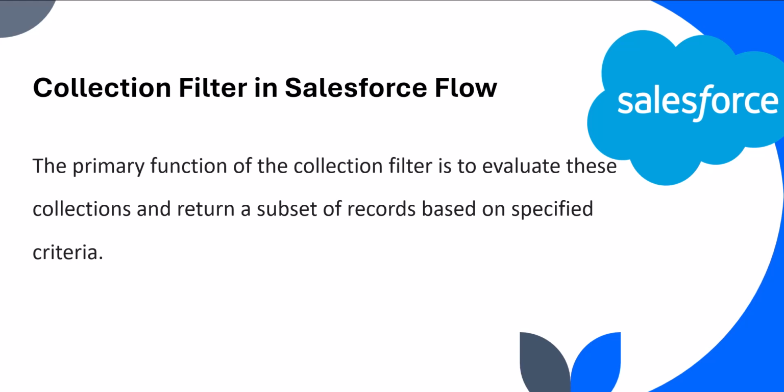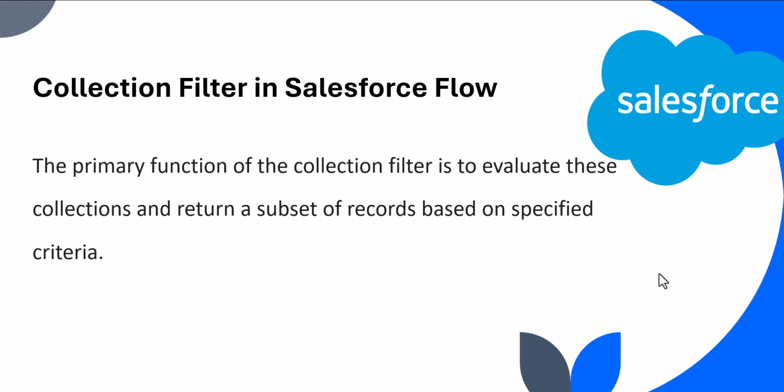The primary function of a collection filter is to evaluate this collection and return a subset of records based on specific criteria. The use of collection filters in Salesforce Flow also enhances the efficiency and capability of flows, allowing us to process and filter large collections of records based on specific criteria without using multiple loops and collection variables in a flow.